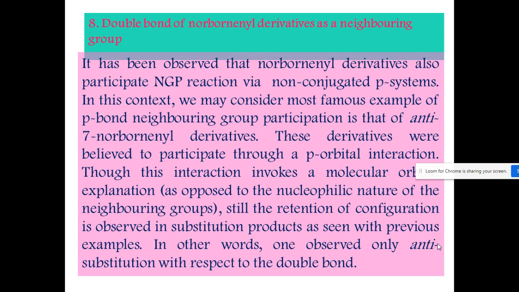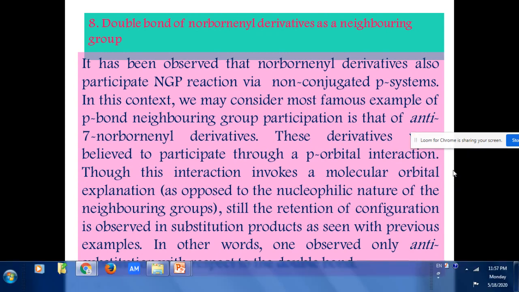In this context, we may consider the most famous example of pi bond neighboring group participation, that of anti-7-norbornenyl derivatives. These derivatives were believed to participate through p orbital interactions, though this interaction invokes molecular orbital explanations as opposed to the nucleophilic nature of the neighboring groups.